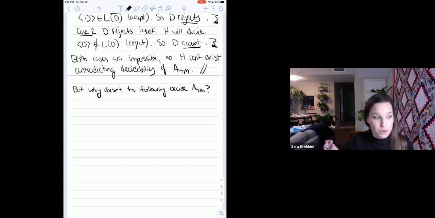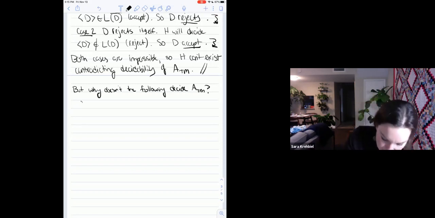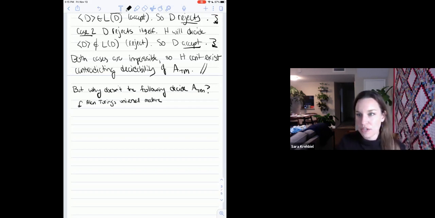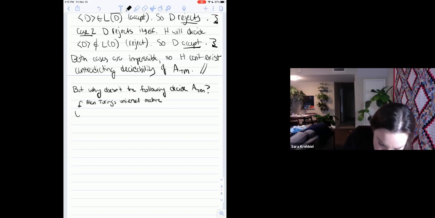decide this language. So what we did for DFAs is we said, if you give me a machine and an input, just simulate the machine on the input and see what it outputs. And so that idea is actually Alan Turing's universal machine, depending on exactly how you interpret that universal machine. And it's defined like this.